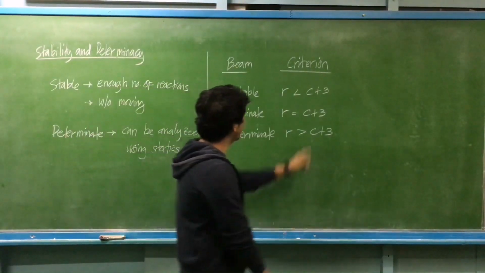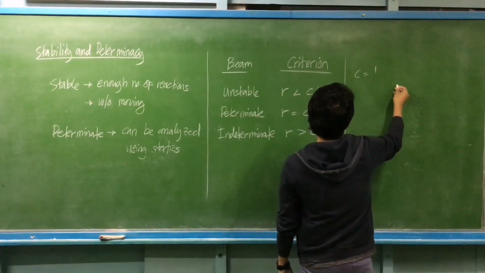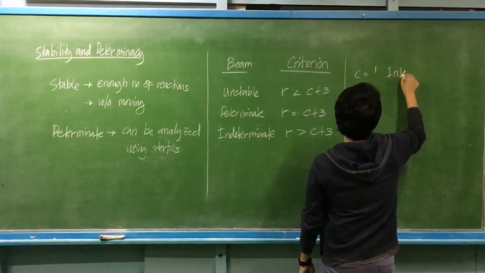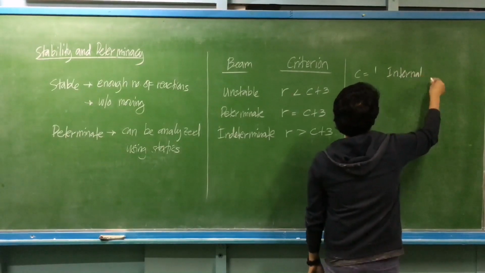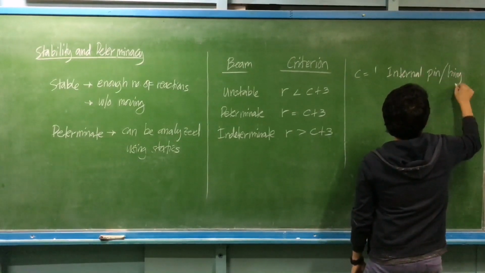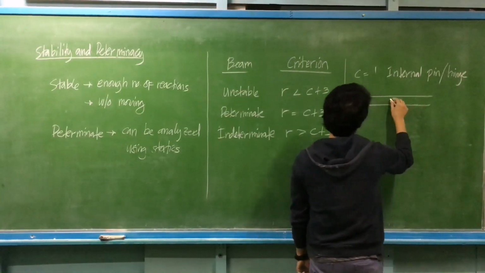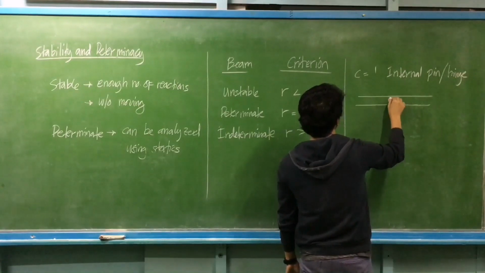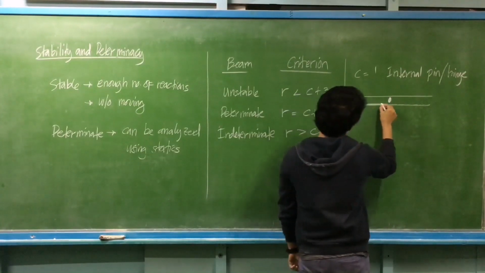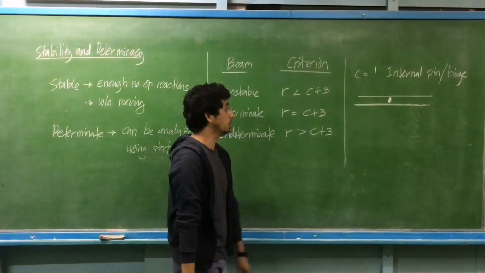So for the factor C, the value of C is equal to 1 if we have an internal pin or internal hinge. So for example, in a beam, we have this symbol, or it looks like just a dot. A dot on a beam is considered to be an internal pin or an internal hinge.